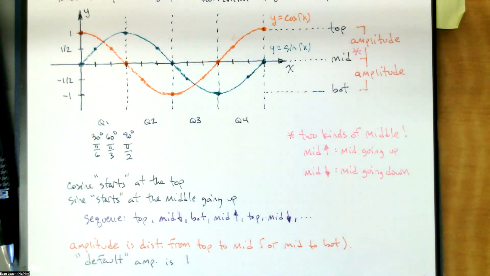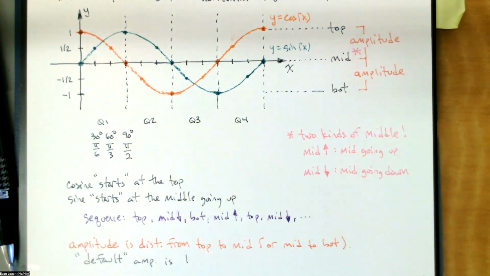So when I have y equals cosine x, the amplitude is 1. Y equals sine x, the amplitude is 1.